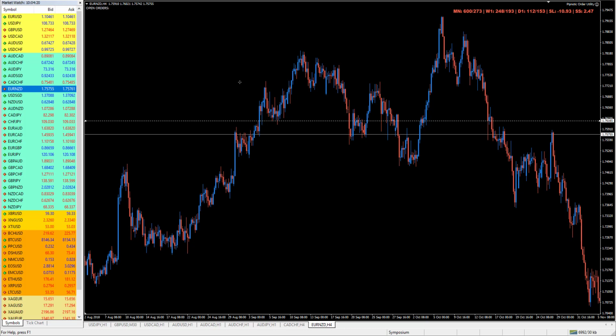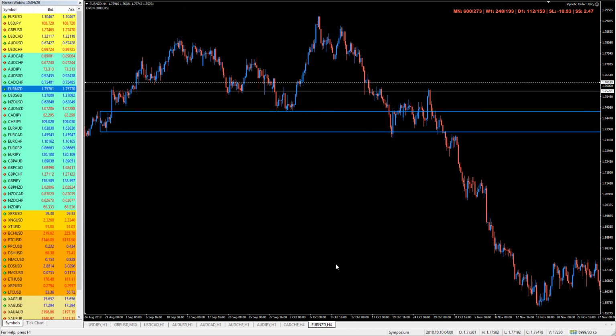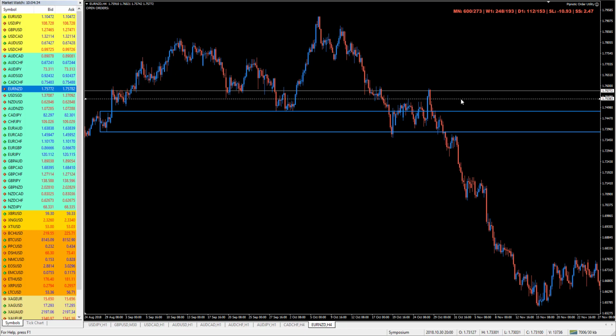So here, look at this big turning point. This is the reason it turned, and the area that took it out, well, price has already been there, so the entry would have been here. See, tested here, so the entry would probably be around here.